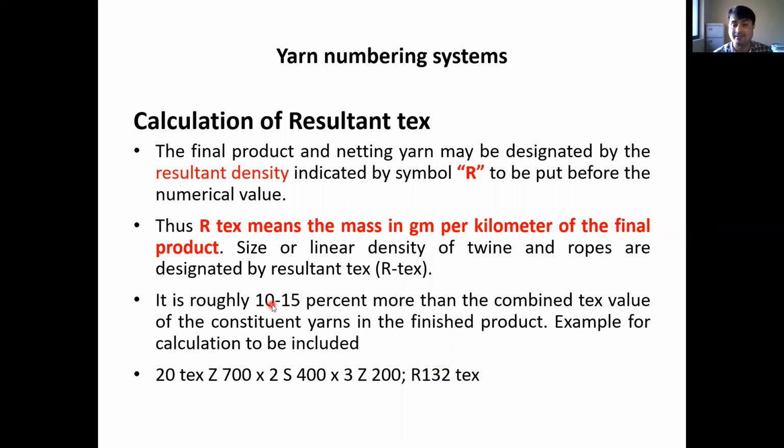So this resultant tex is 10 to 15% more than the combined tex value of the constituent yarn in the finished product.